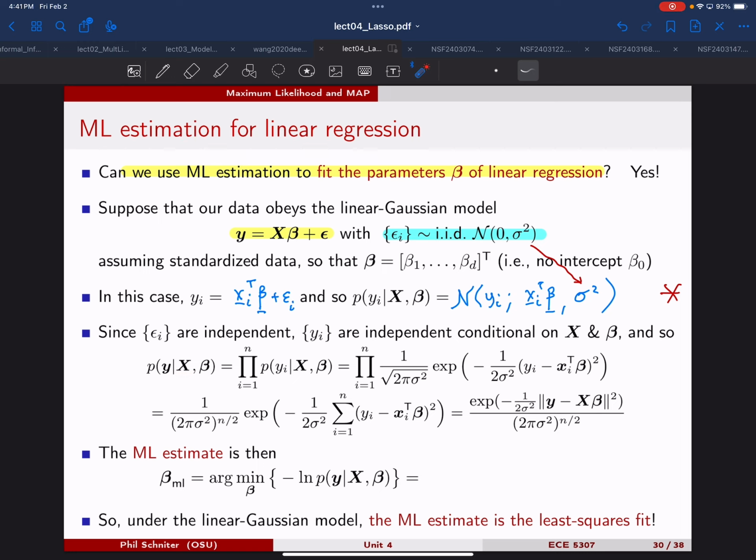We said that if I fix my data and this, then the only thing random left are the epsilons, and they're IID. That means this joint distribution factors into a product of what we call marginal distributions, these scalar ones. This is always the first step of maximum likelihood: write the joint as a product of these marginals.